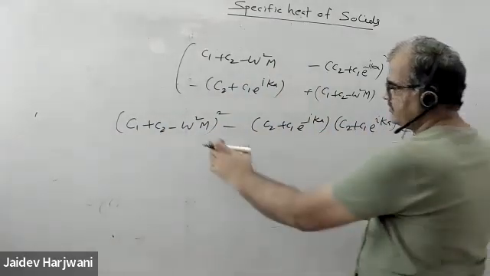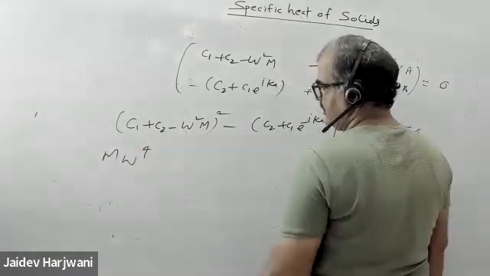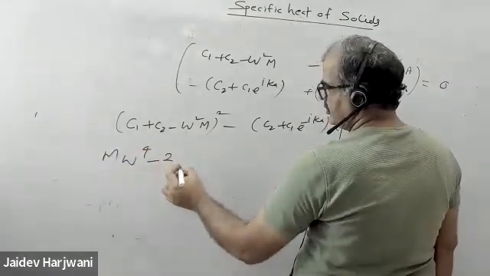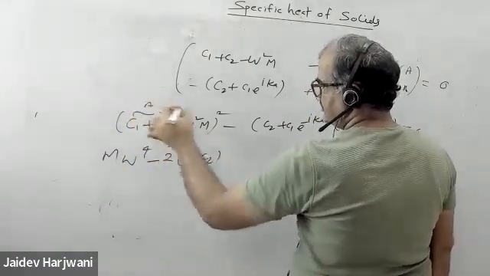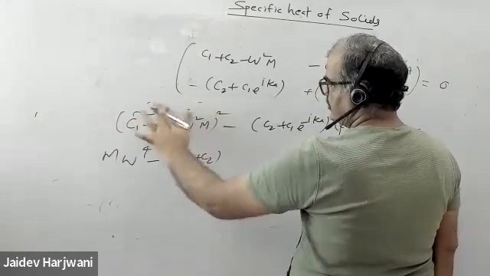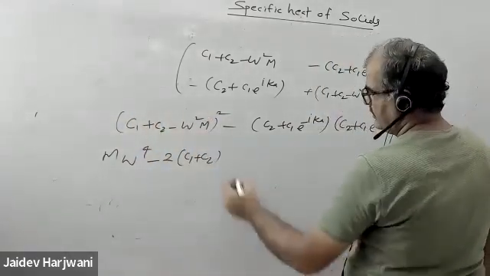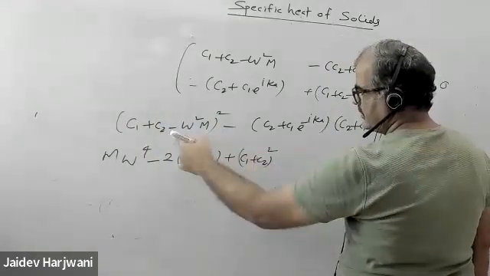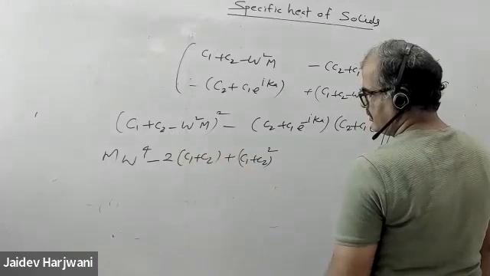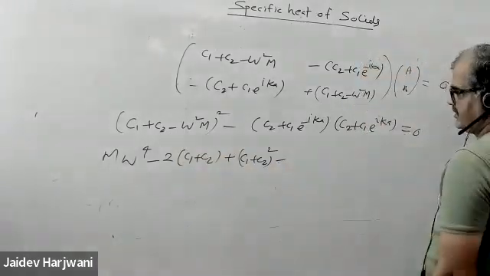So if I open this one, this will give me omega 4 m, omega 4 minus 2 C1 plus C2. Say this is A and this is B, so I'm opening the square. And then C1 plus C2 whole square, isn't it? This one, and minus this one.